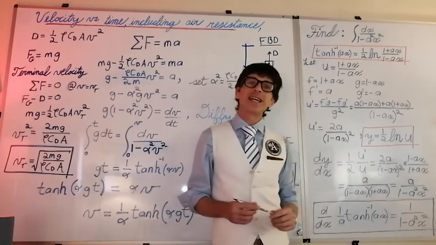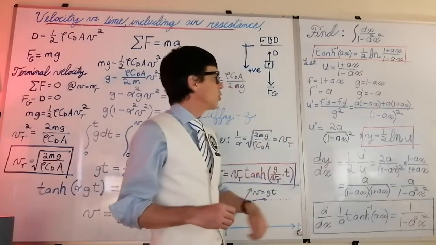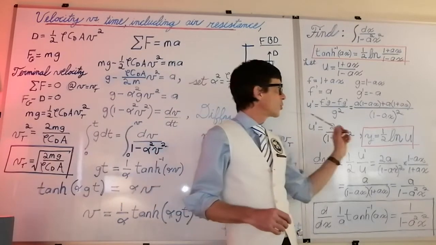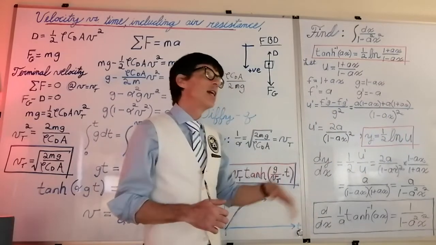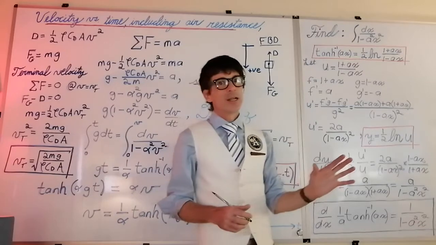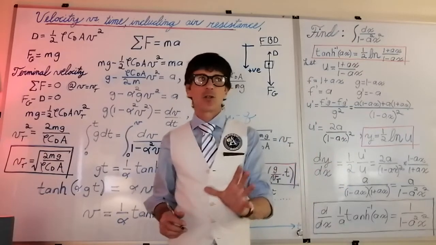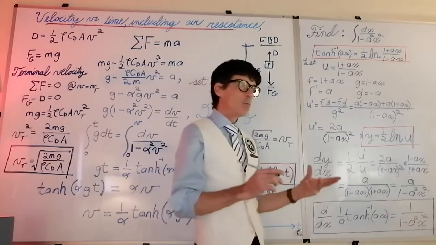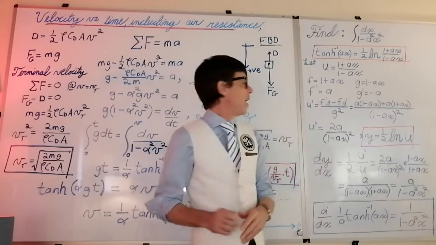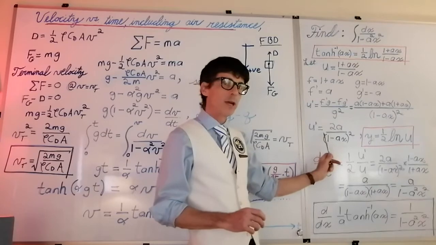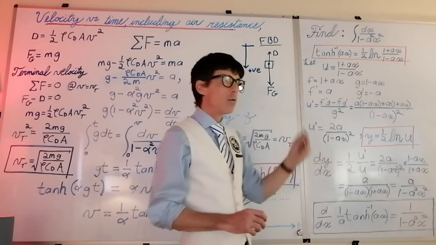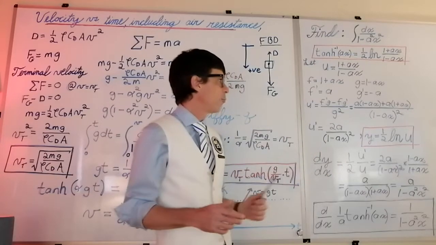Notice g prime is negative a. So when I use the quotient rule and sub in my stuff, what happens is the ax terms and the negative ax terms cancel, but the a's accumulate, and that's why I get 2a by itself in the numerator for u prime. And I'm ready to go.